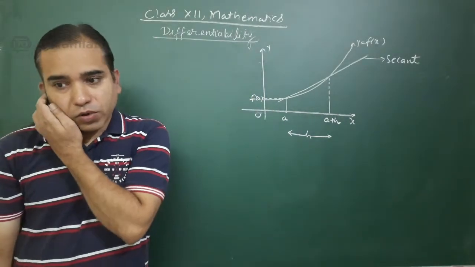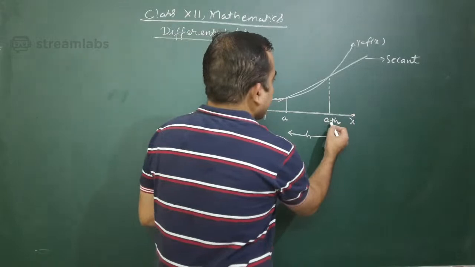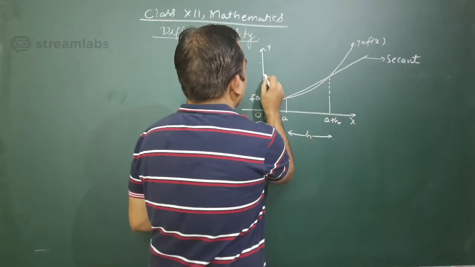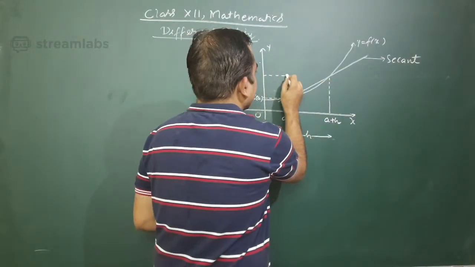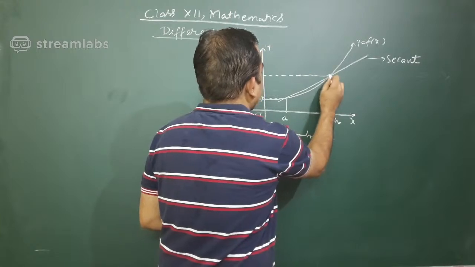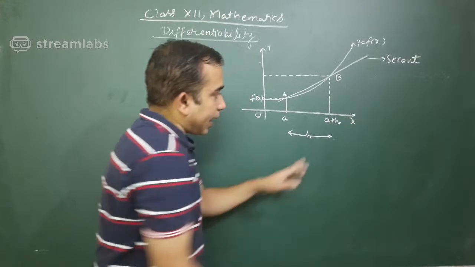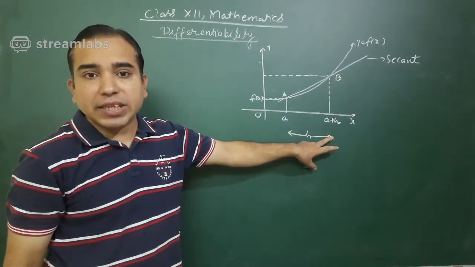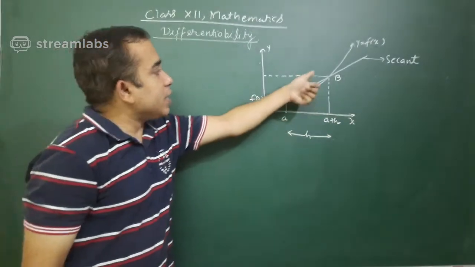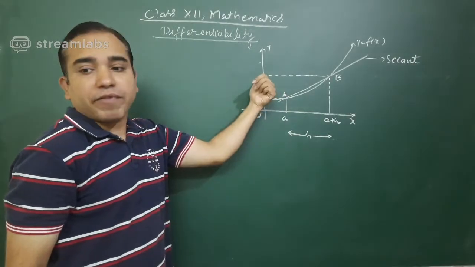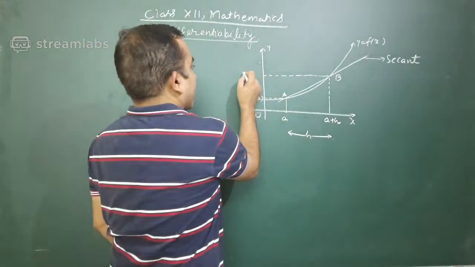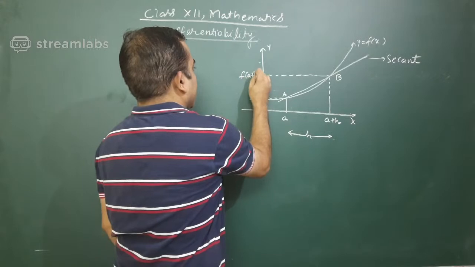Okay. And if this point is a plus h, and let me draw a perpendicular on the y-axis from this point, and let me give some names. Say this is capital A, say this is capital B, and if this is a plus h on the x-axis, then what will be its image on the y-axis, this point? f of a plus h.